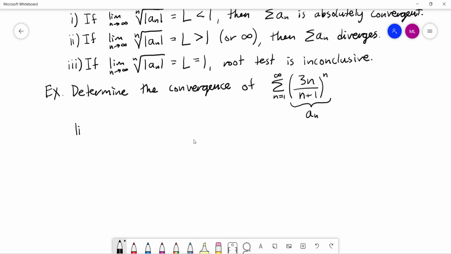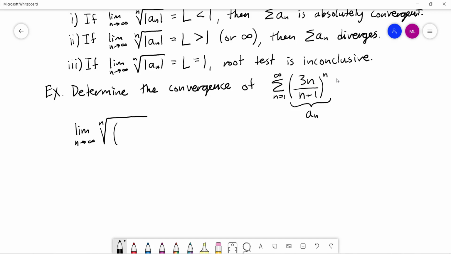Well, in this case, what we need to do is look at the limit as n goes to infinity of the nth root of, in this case, the absolute value, because n is positive, starting at 1 and going up to infinity, this number in here is always going to be positive. The whole result's positive. We don't even need to worry about the absolute values in this case.